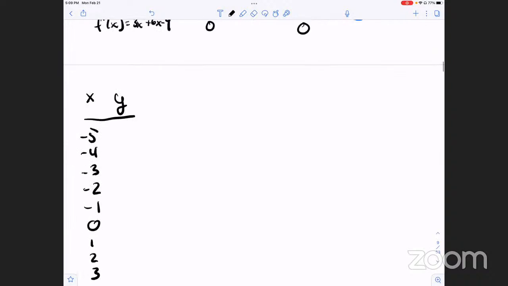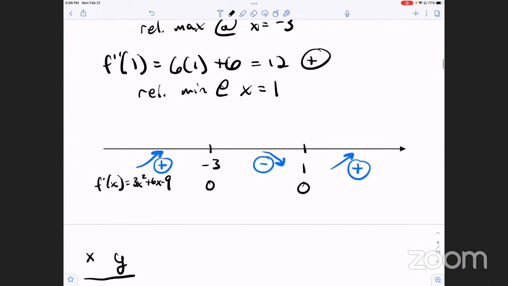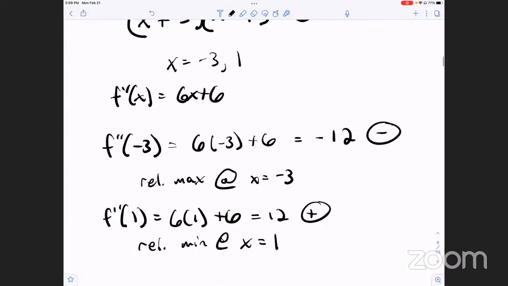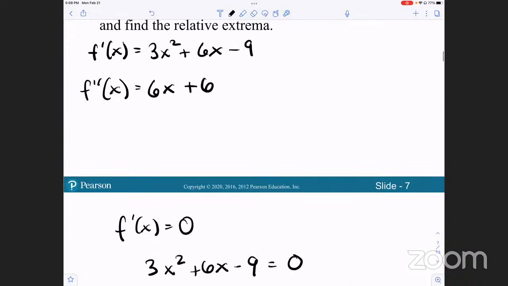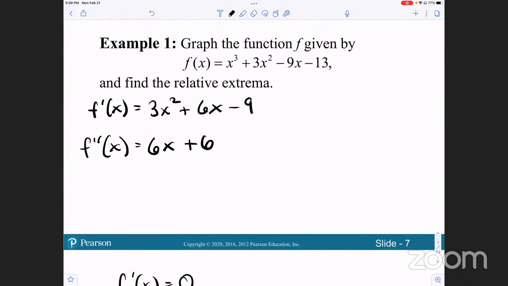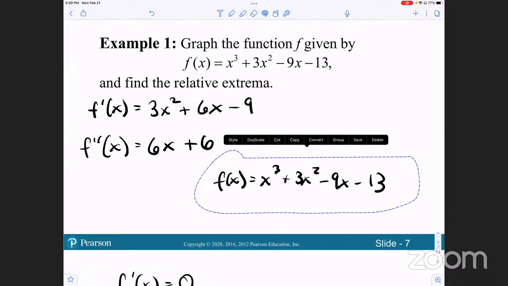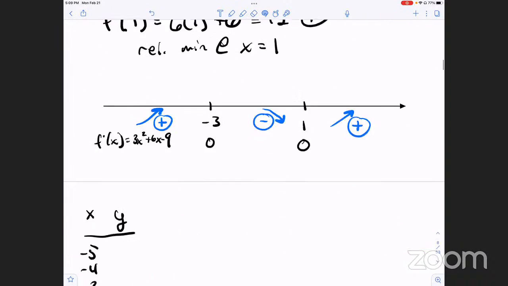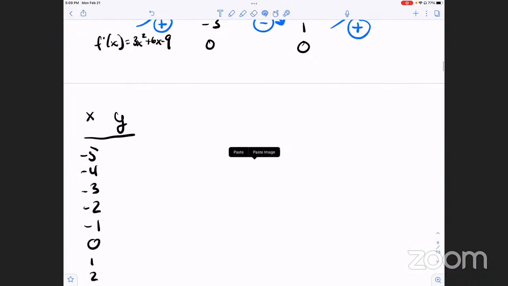I'm just doing a sketch. If we plug these into the original, let's get a copy of the original. So we have f of x equals x cubed plus 3x squared minus 9x minus 13. Let's cut that and paste it here for reference.